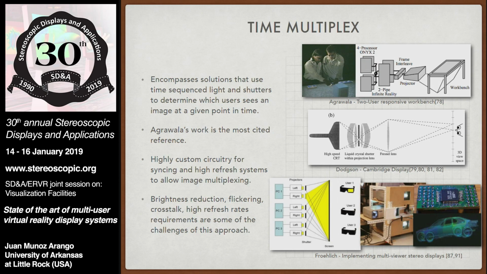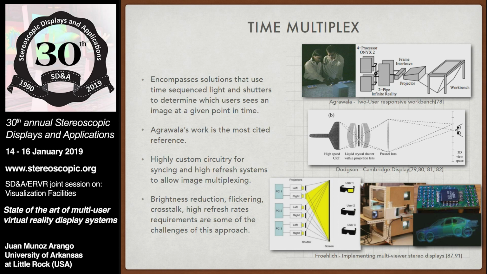So time multiplex is a quite interesting approach, and most of the work cites Agrawala's work. In Agrawala's work, they basically present a two-user responsive workbench, and what it does is that it allows two persons to see separate stereo images.